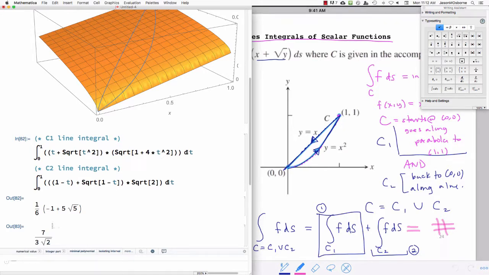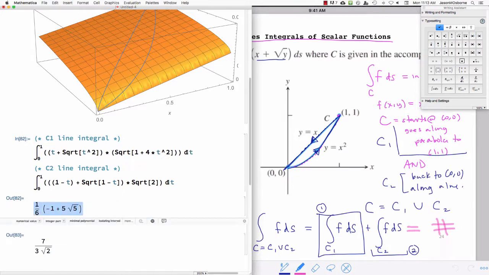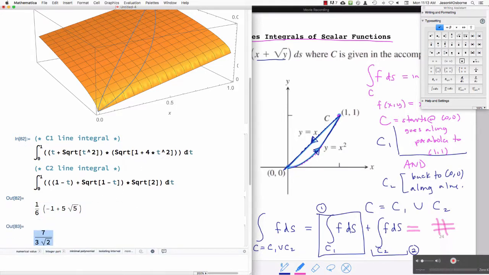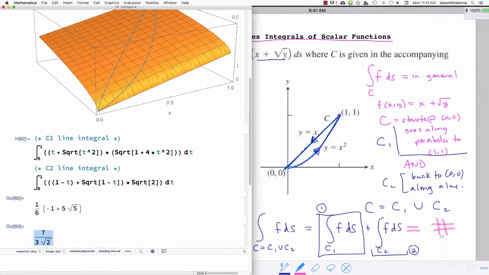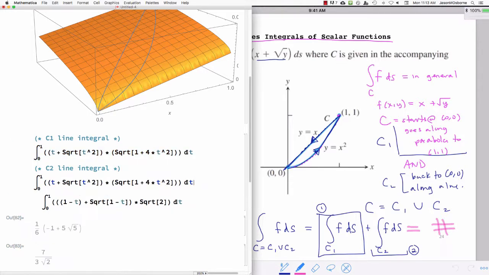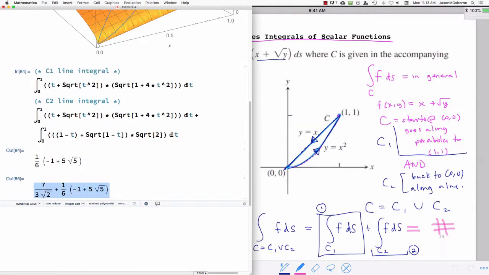Okay, so adding those two results together, you will get the answer, I believe. So this plus this number is the number, the pink number that you're looking for from the line integral. If you want to see what that is, you could copy and paste this, Control V, put it in front, Shift Enter, and there is your answer.